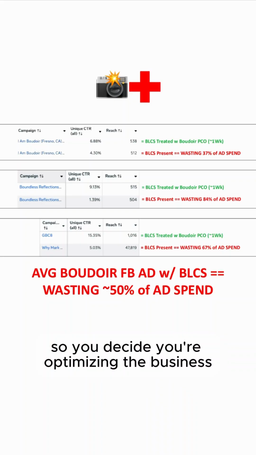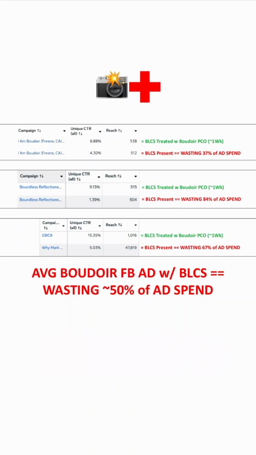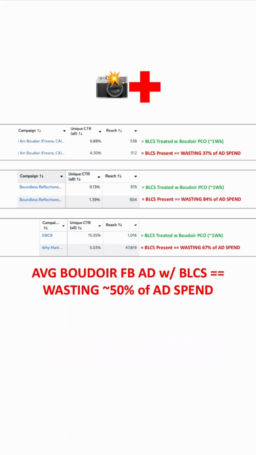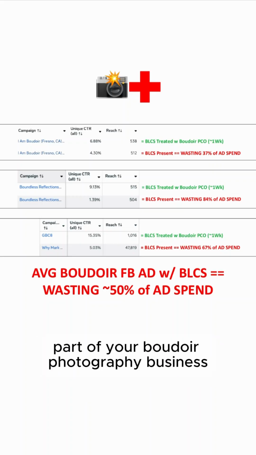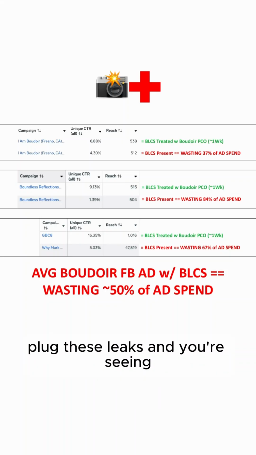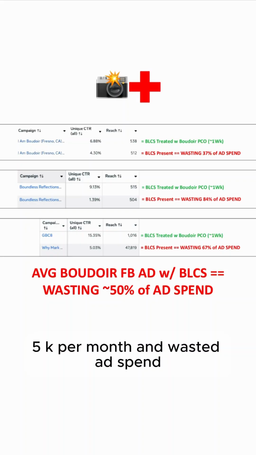So you decide you're optimizing the business, pulling profit out of other parts of the business, and you decide you're ready to do this for the Facebook ads part of your boudoir photography business, plug these holes, plug these leaks, and you're seeing, on average, we can eliminate approximately 5K per month in wasted ad spend.